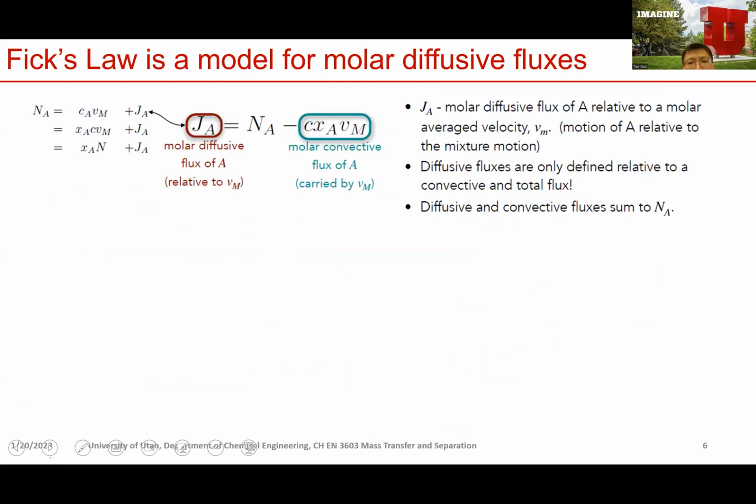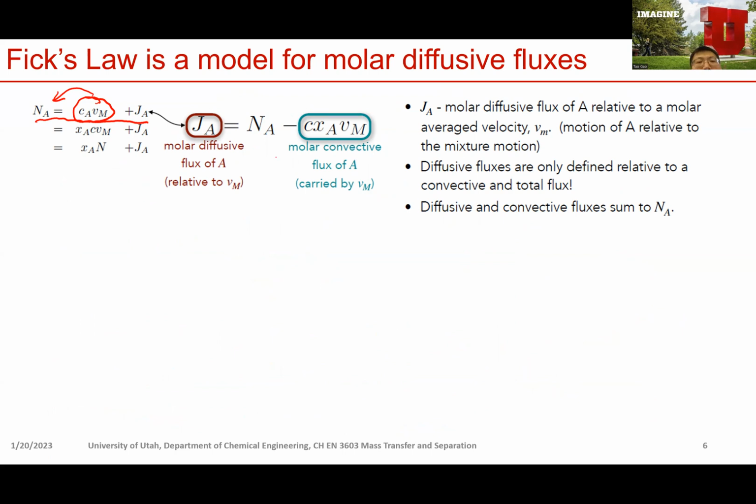Okay, now we can introduce Fick's law. From this, if we rewrite the molar diffusive flux of A on the left, and move the molar convective flux to the left, that will give us this equation.